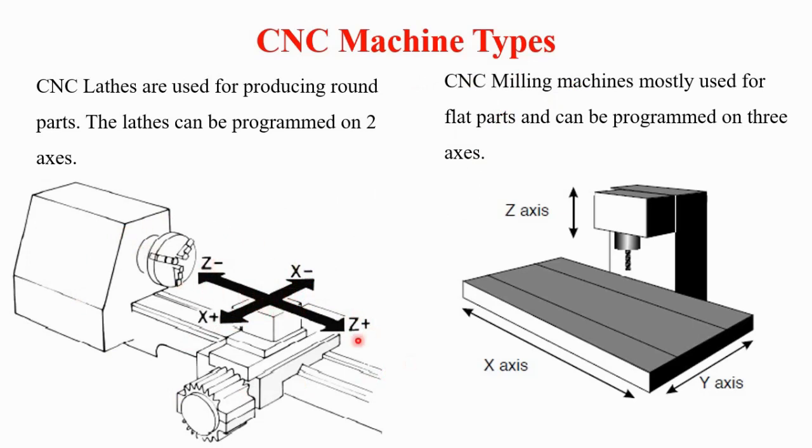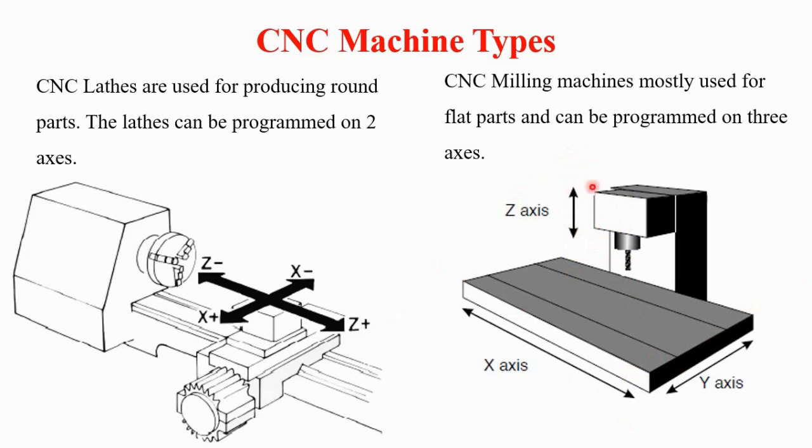This z-axis is along the spindle and the x-axis is transverse to the spindle, or perpendicular to the spindle direction. But in case of this milling machine, there are three axes: x-axis, y-axis, and the vertical axis, since vertical motion is there for the spindle.